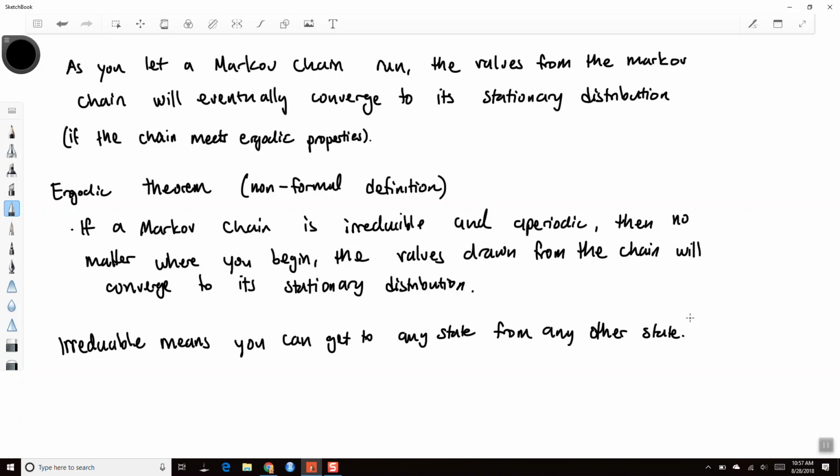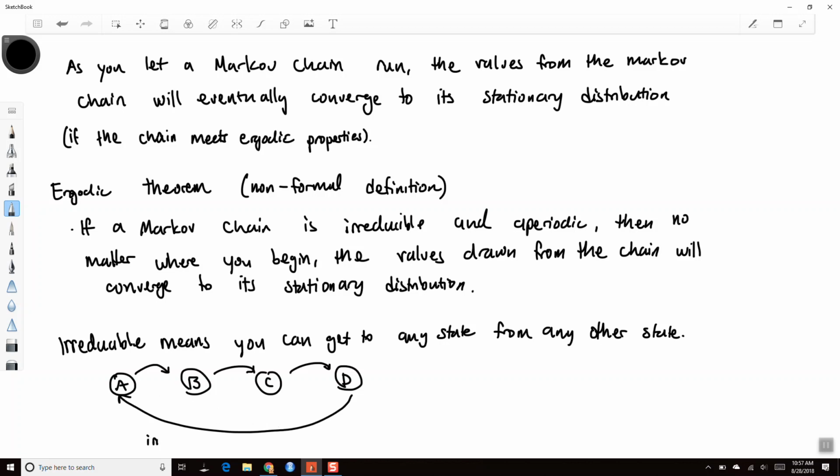So if we have a chain, a bunch of states, state A, state B, state C, state D, like this, this is irreducible, because if you are at state A, you can eventually get to state D. There is a path from every state to every other state. It might not be a direct path, but you can get there, right?